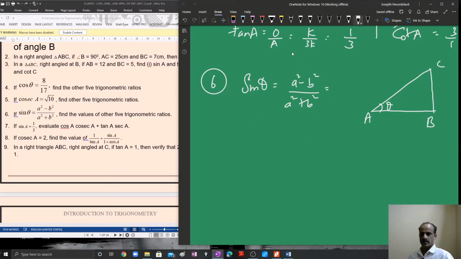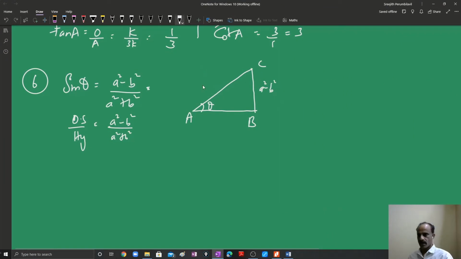Given sin theta, opposite side by hypotenuse is equal to a square minus b square divided by a square plus b square. So the opposite side is a square minus b square and the hypotenuse is a square plus b square. You can take a multiple of k or without k, anything can be done. For convenience I am not taking k, even if you put a k, no problem.